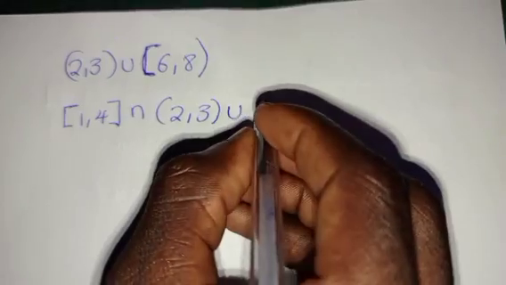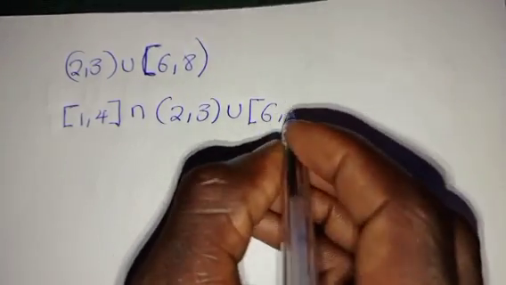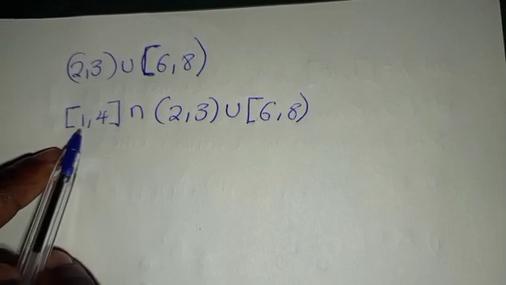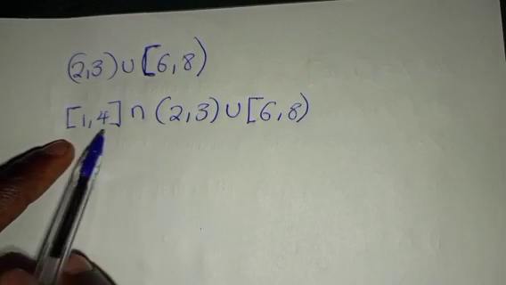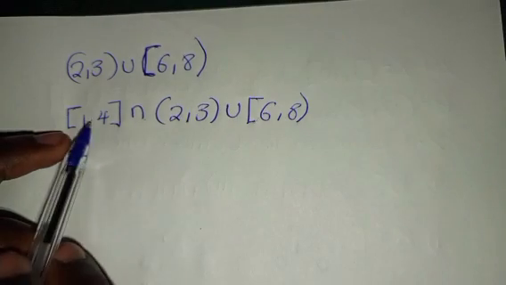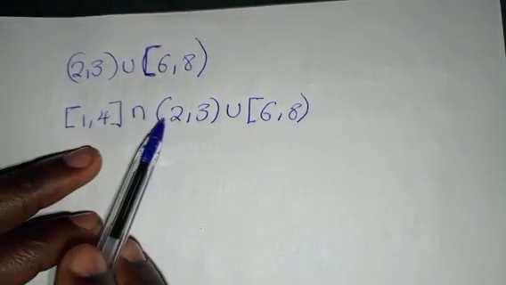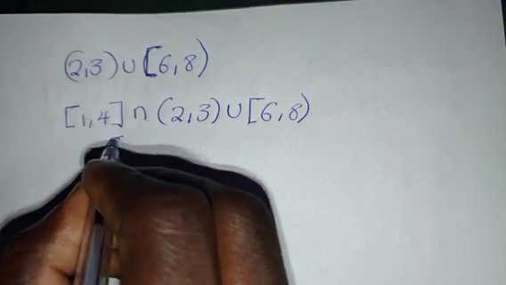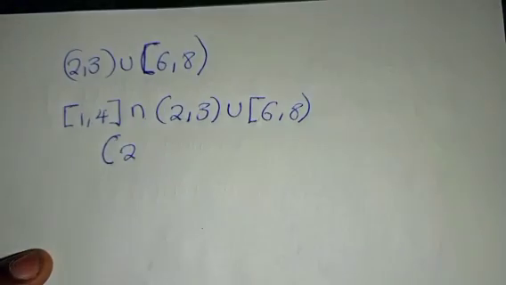So you will say union closed 6, 8 like that. So you want the one which is intersecting in both. So if you check, is 1 present in here? No, 1 is not present, but 2 is present in here, but 2 is not part of this, isn't it? So since it is not part, we'll say open, then we put our 2 there.